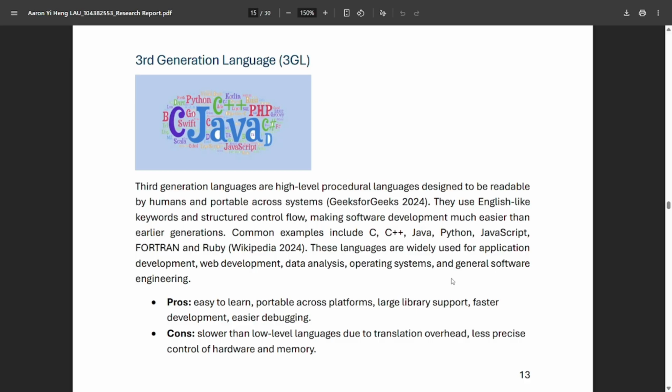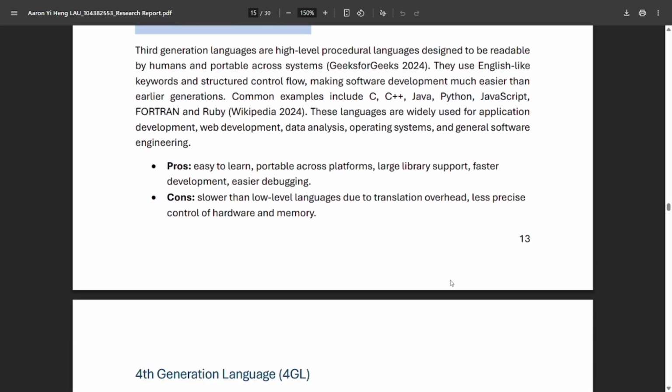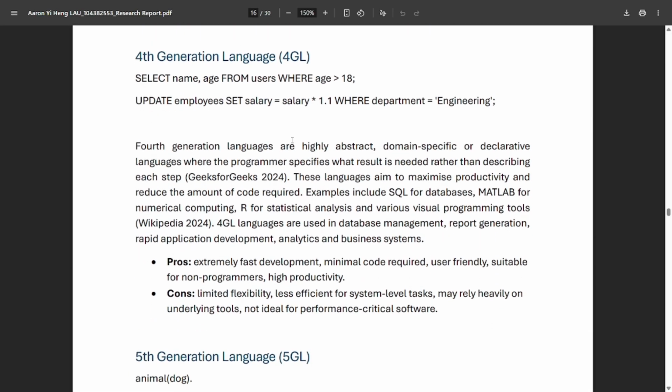The trade-off is that the compiler or interpreter has extra work to translate these instructions into machine code, so they don't run as fast as low-level languages. The fourth generation moved even further from the hardware and focuses on what the programmer wants to achieve rather than listing step-by-step instructions.